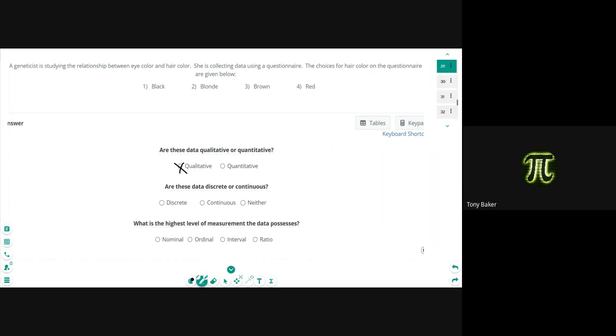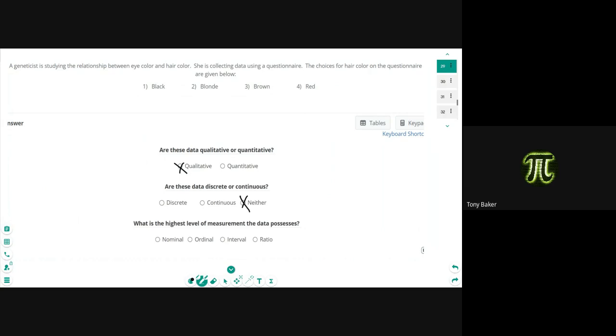Discrete, continuous, or neither? Why? Correct. This would be neither, because it's qualitative. And qualitative is never discrete or continuous.